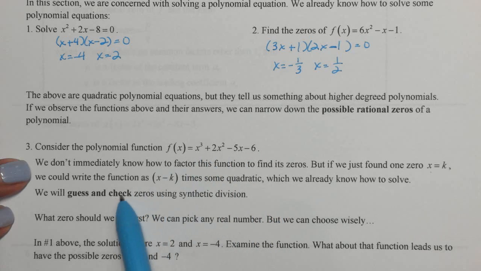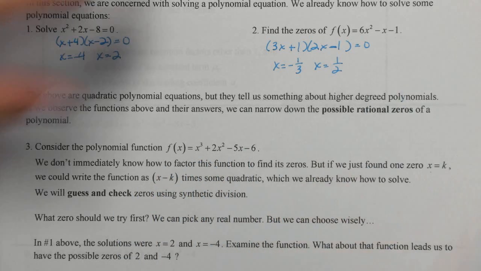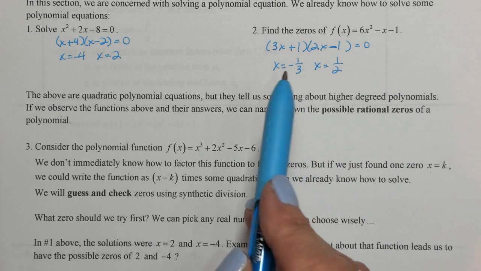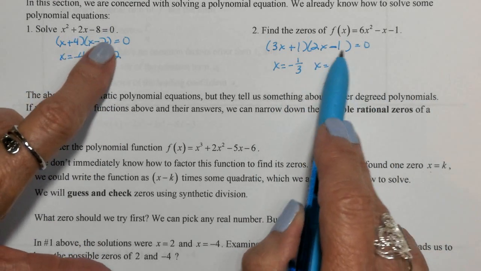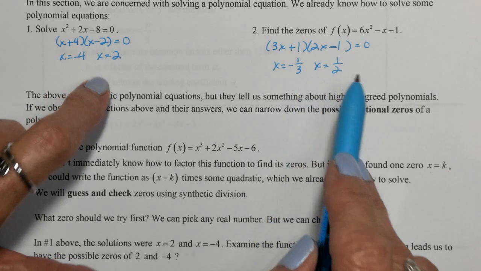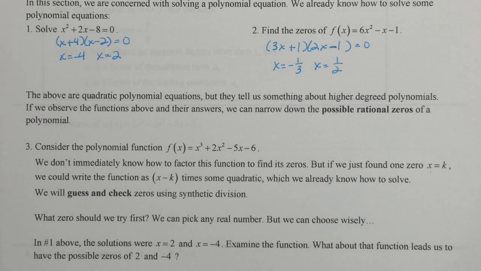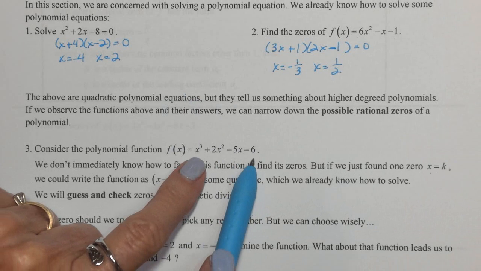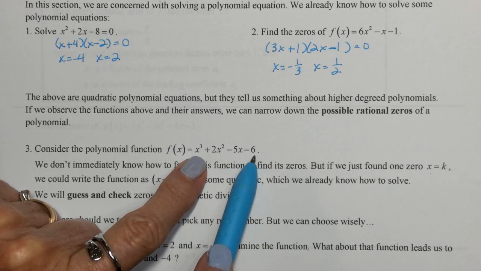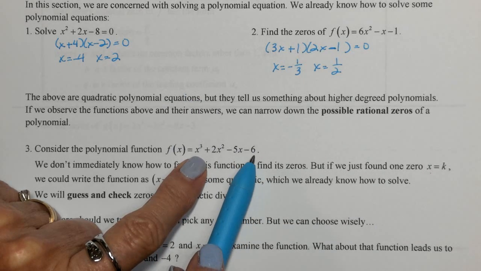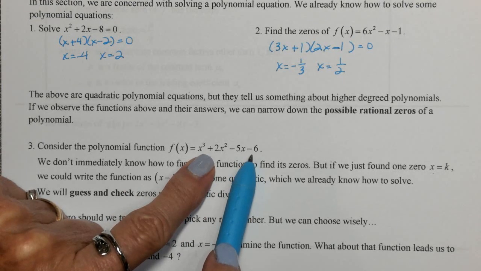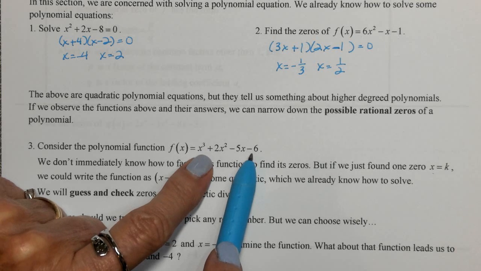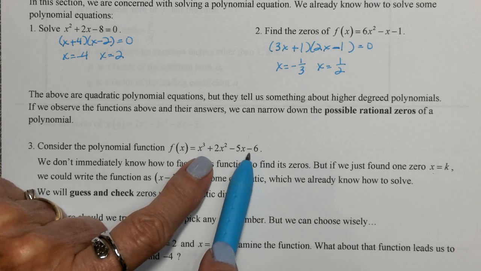And when we use the guess and check method, we're going to be using what I just talked about up there. We're not going to guess just anything. If I was given this function, I would not guess, I wonder if 99 is a root. I'm not going to try 99 when I'm trying to find that one zero.